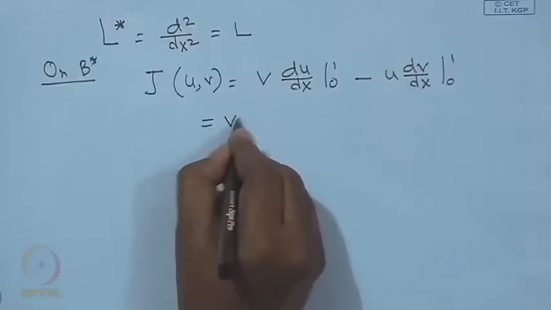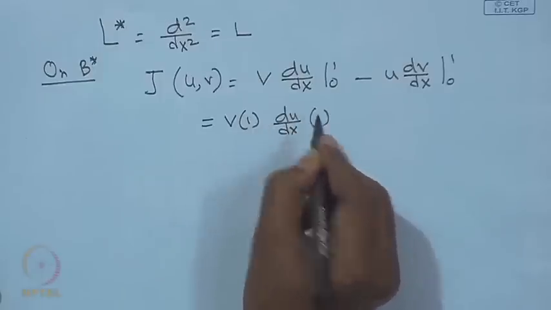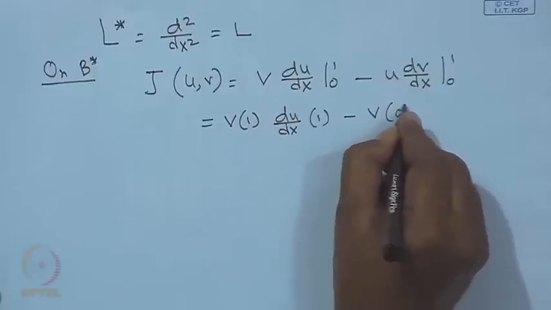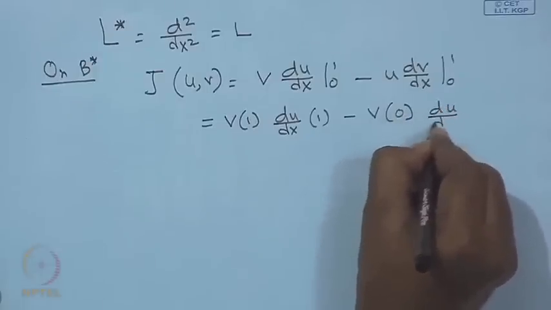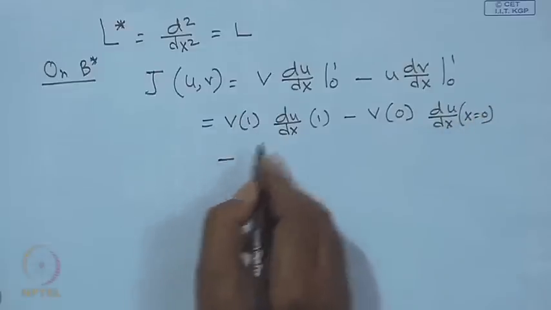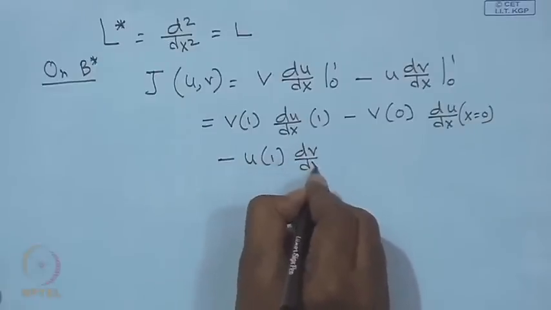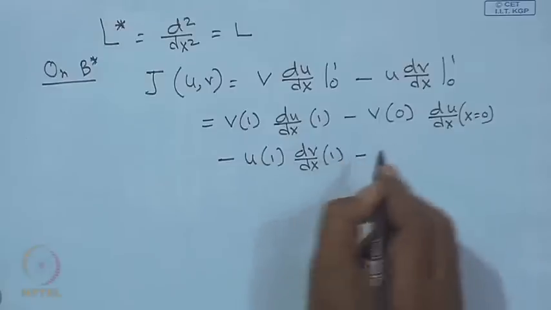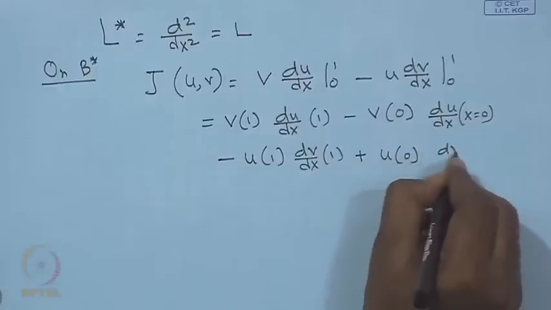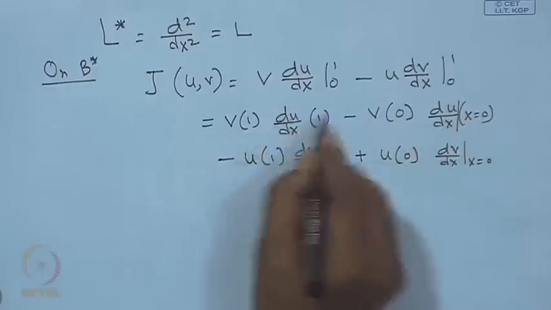So, this will be v at 1 du dx at 1 minus v at 0 multiplied by du dx evaluated at x is equal to 0 minus u at 1 dv dx at 1 plus u at 0 dv dx evaluated at x is equal to 0.